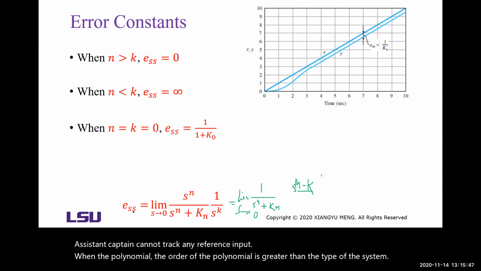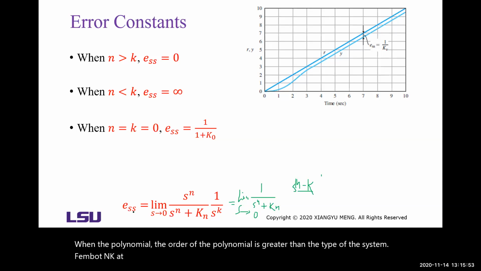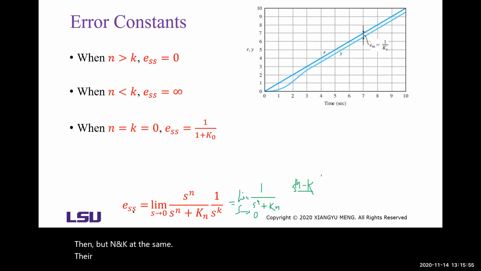Then when n and k are the same, the steady state tracking error is 1 over 1 plus K_0. So this is 1, 0, when n is 0.